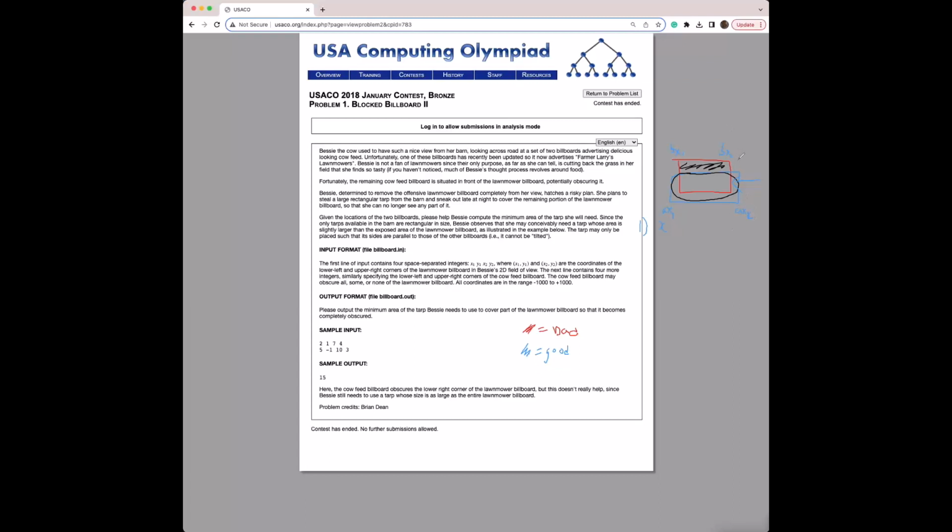AX2 is larger than BX2, so that's going to be the first case. The second case is basically the same thing, but for y coordinates. So if this is AY1, it is greater than BY1, but AY2 is smaller than BY2.